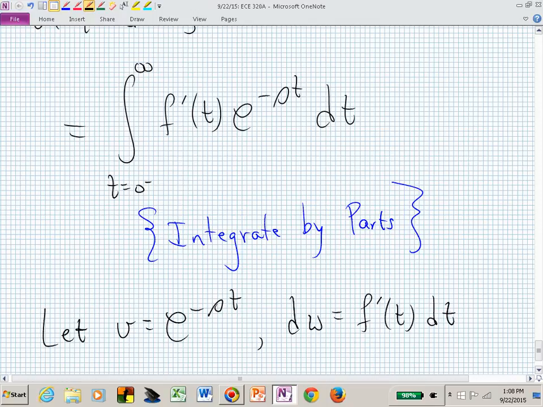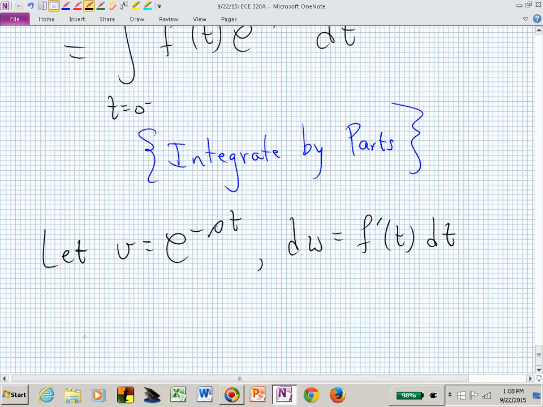Again, we're trying to rewrite this as some combination of terms that do not involve the derivative. And by assigning dW to be f prime, now we can integrate that pretty easily.